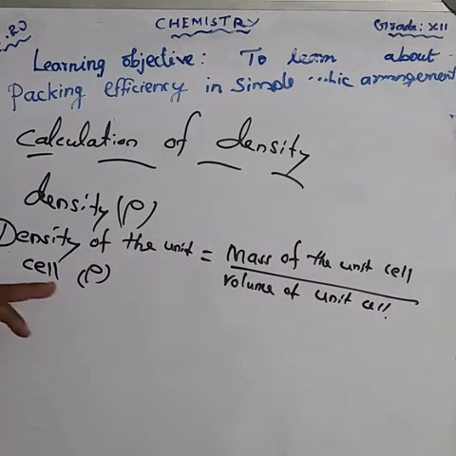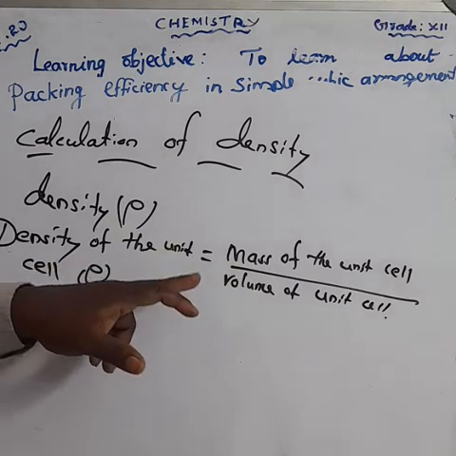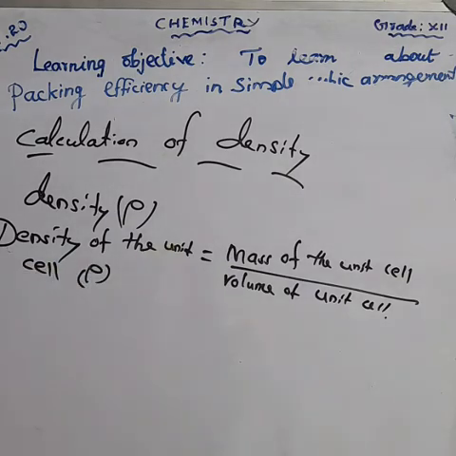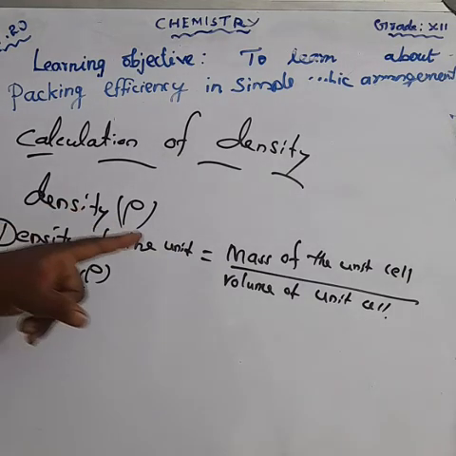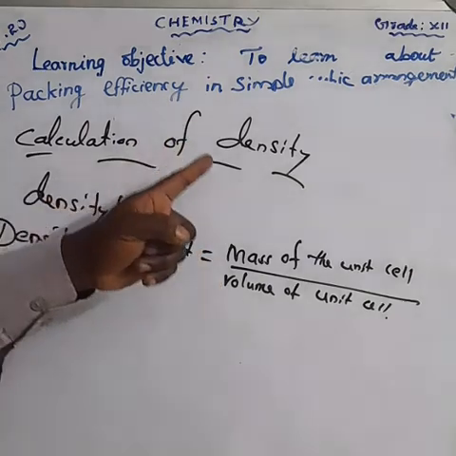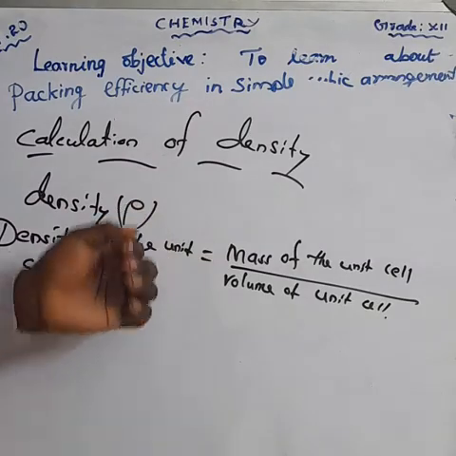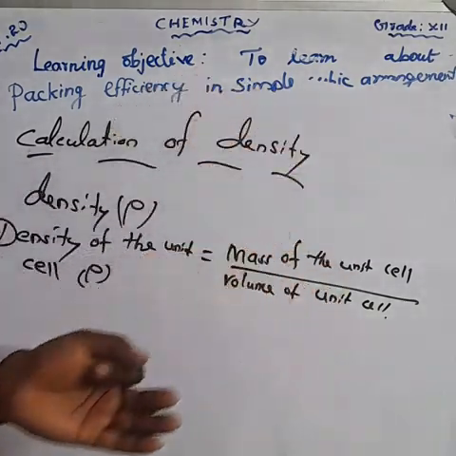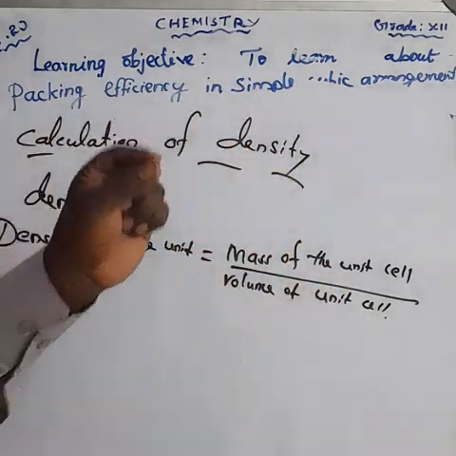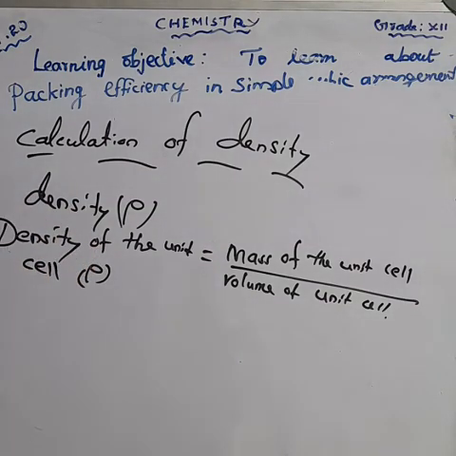Density of the unit cell rho is equal to mass of the unit cell divided by volume of the unit cell. What is the mass of the unit cell? The mass of the unit cell is equal to the total number of atoms belonging to that unit cell, which we denote by the symbol small n, into the mass of one atom.